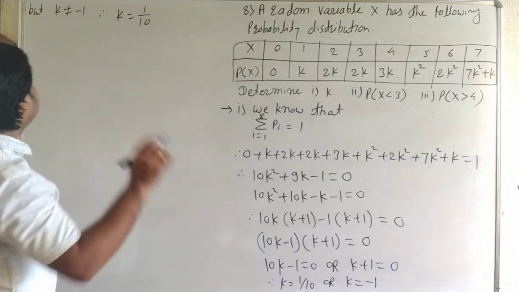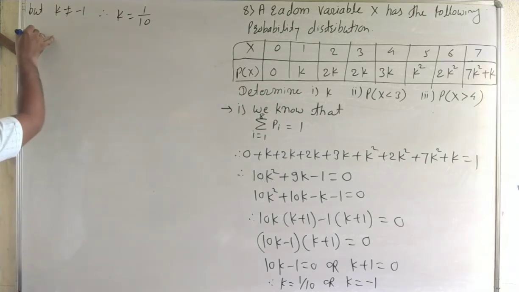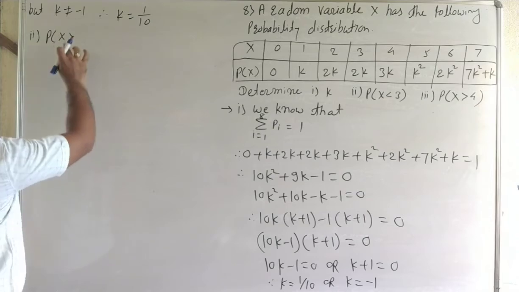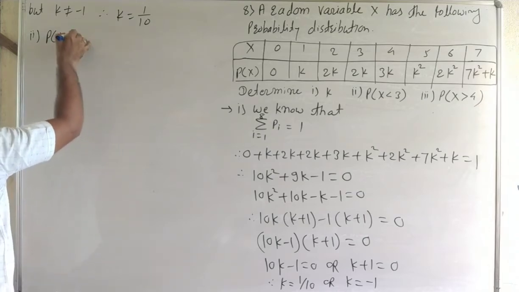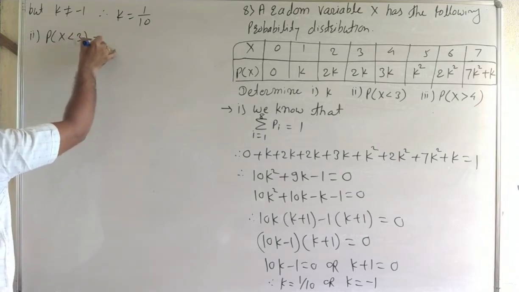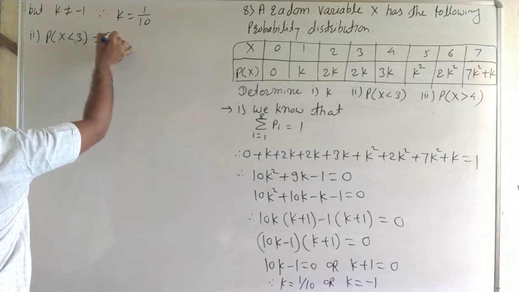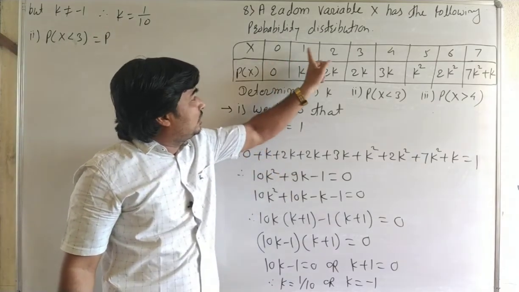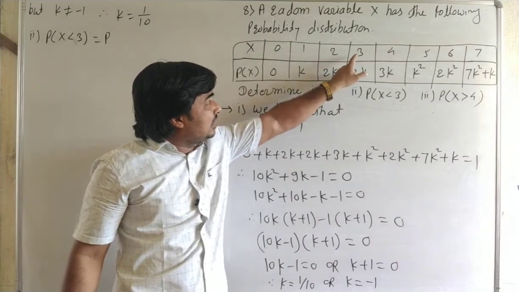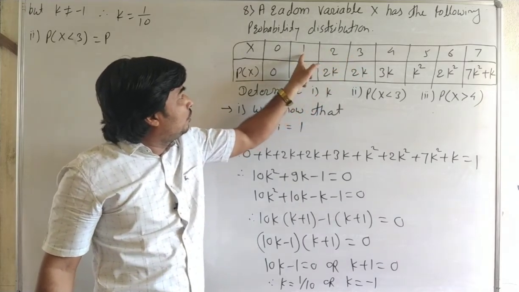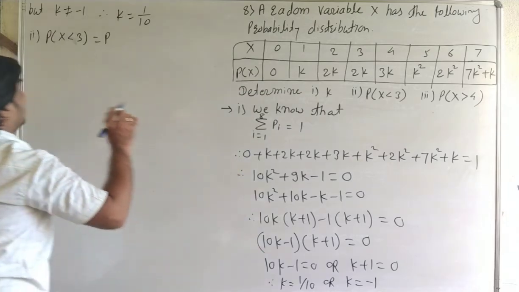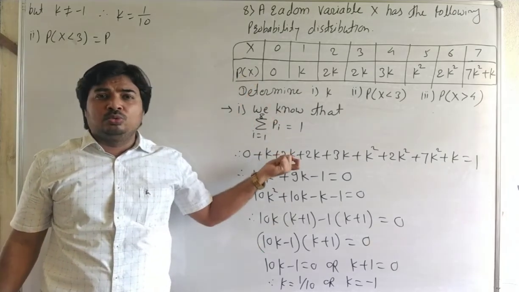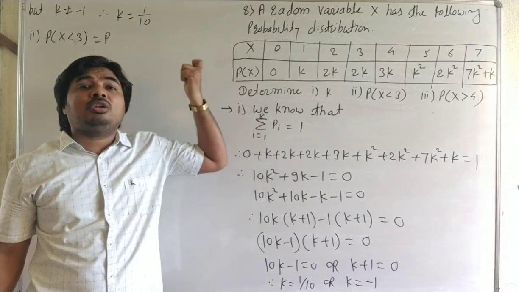Now the second: probability of x less than 3. The values of x are 0, 1, 2, 3. Here it is 3. X less than 3 means x is equal to 2 or 1 or 0.